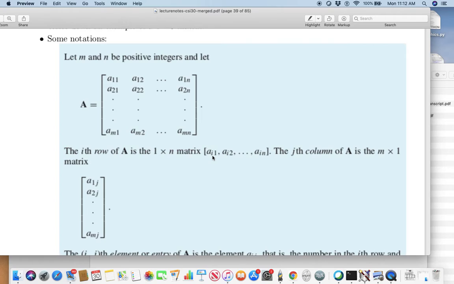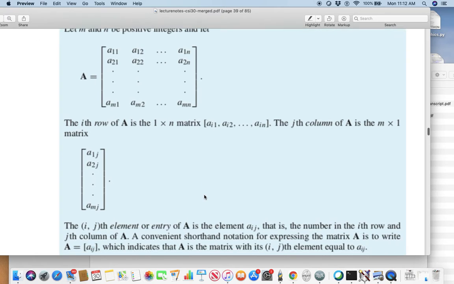So the ith row will have i here: ai1, ai2, and so on. Likewise, the jth column is represented by the second index. That's the second column, so the jth column will have j in place of 2. So A1j, A2j written in a column.